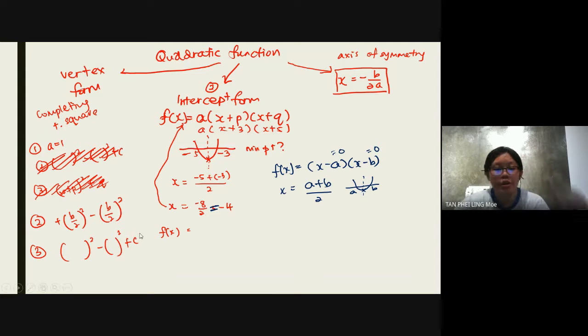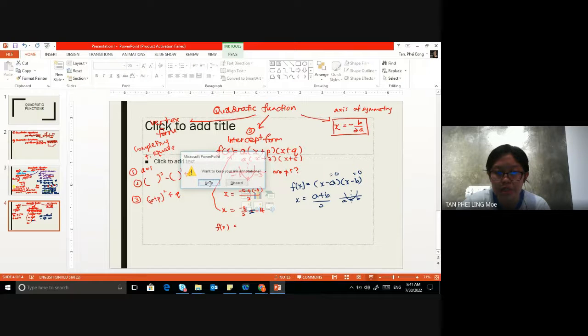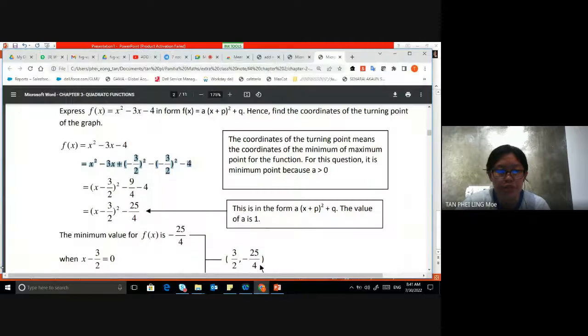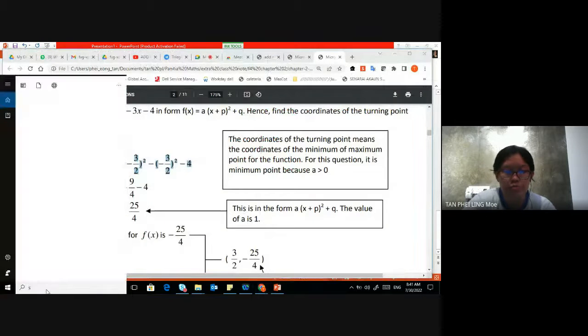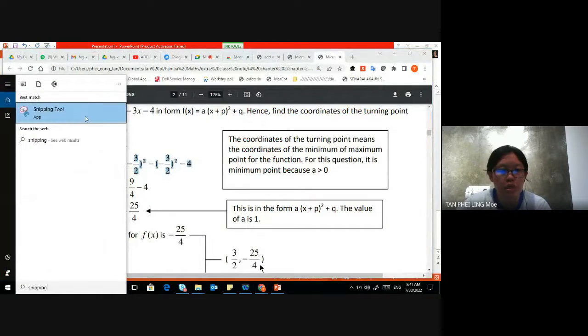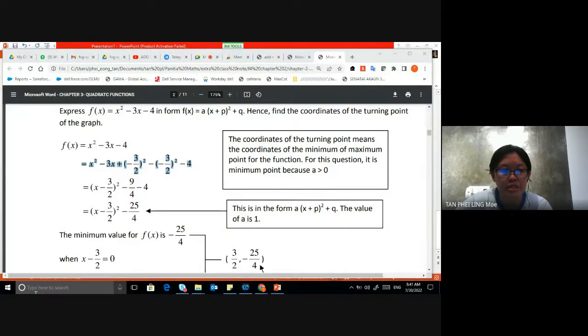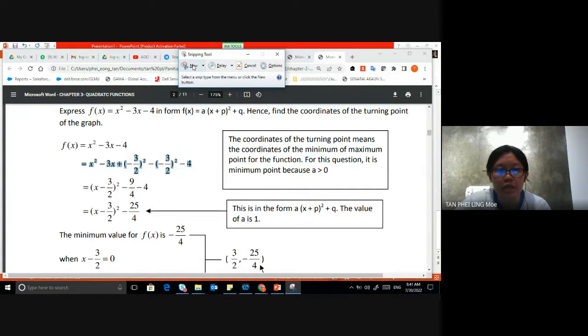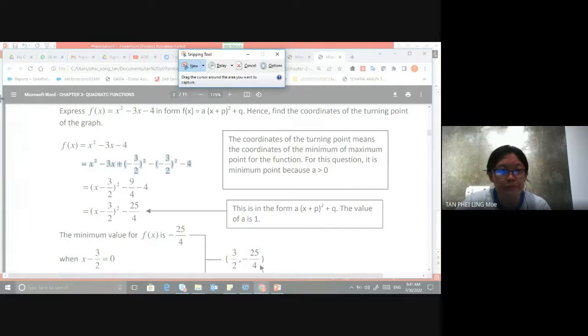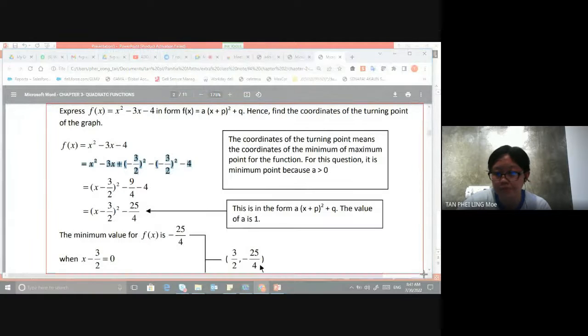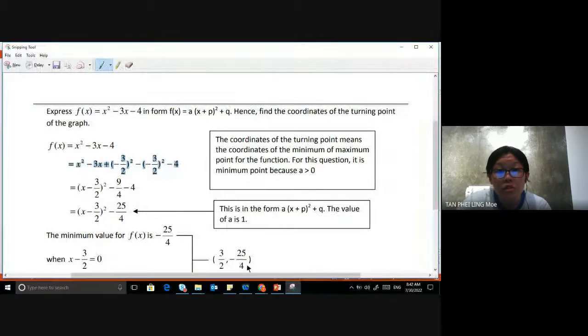So what am I saying is this part. Let me go on to the example just now, so that I can give you more explanation. Let's snip these questions out so that I can explain further.